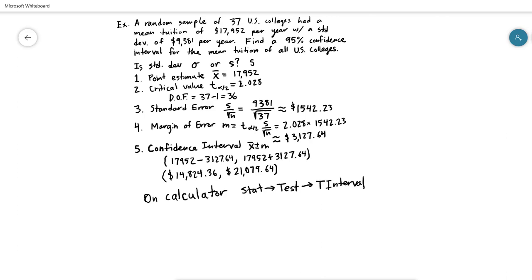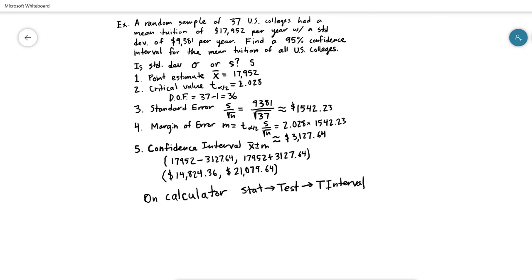So if we select t-interval, it'll allow us to enter all of the data that's given in the problem. The first thing it'll ask for is the mean. So again, it'll ask which form of input we want to use. In this case, we're wanting to use statistics because the statistics have already been computed. We've got in the problem the mean and standard deviation already specified, so we have the statistics we need.